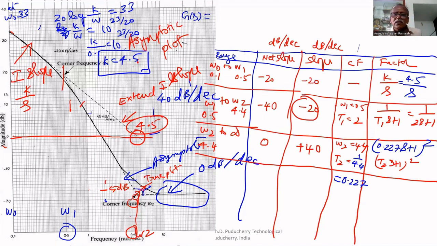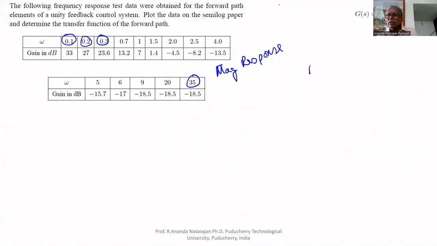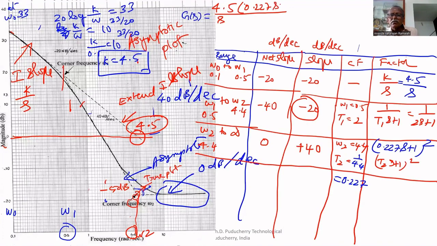Therefore, the transfer function is 4.5, that is K divided by s, and in the numerator we have (0.227 s plus 1) whole square divided by (2s plus 1) multiplied by (2s plus 1).